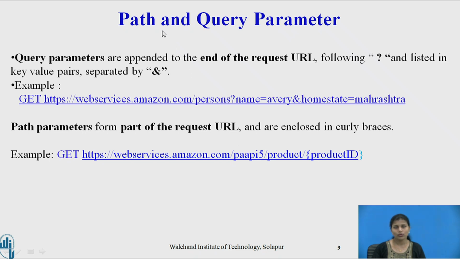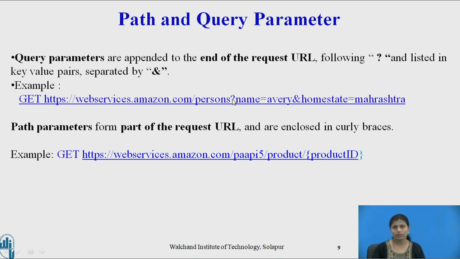Before going for API testing, these two concepts are very important: path parameter and query parameter. As you can see, this is the web service we have given with the HTTP method, and here we are passing the query parameter. The query parameter is appended at the end of the requested URL, followed by a question mark, and an ampersand is used for separating key value pairs.